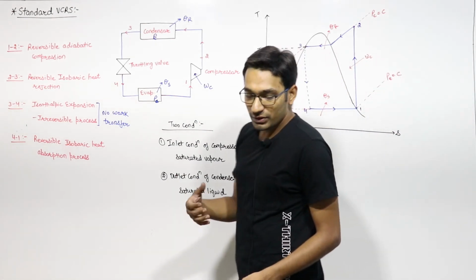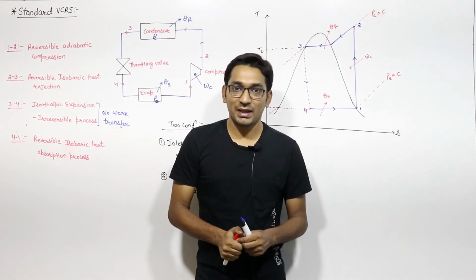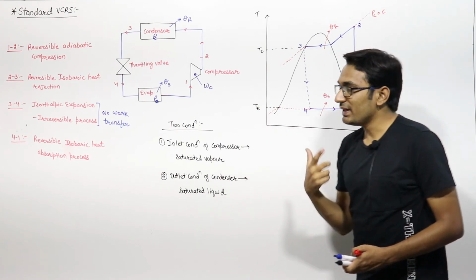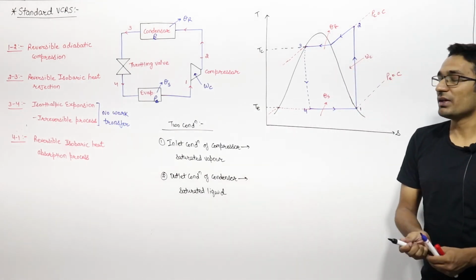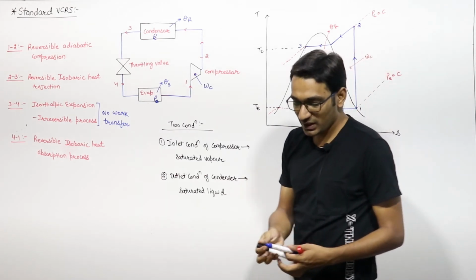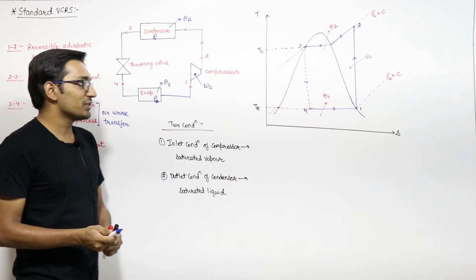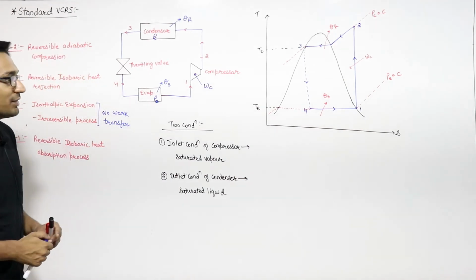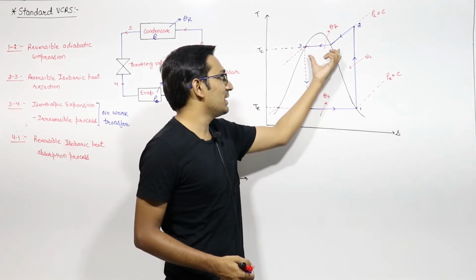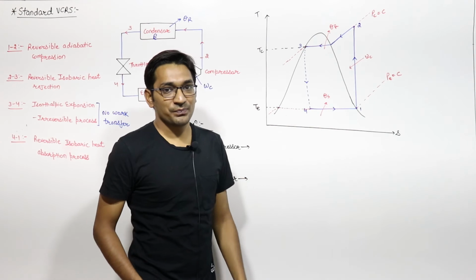Now some students may have a doubt. When we discussed the reversed Brayton cycle in the gas refrigeration system, we had similar processes: constant pressure heat exchange and reversible adiabatic compression.